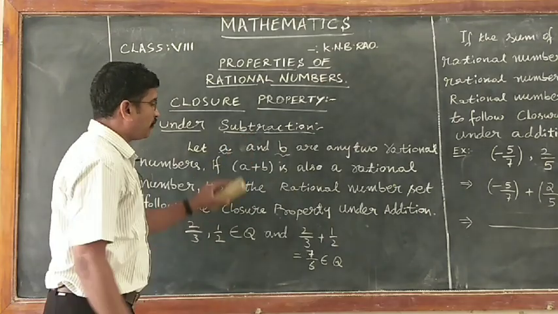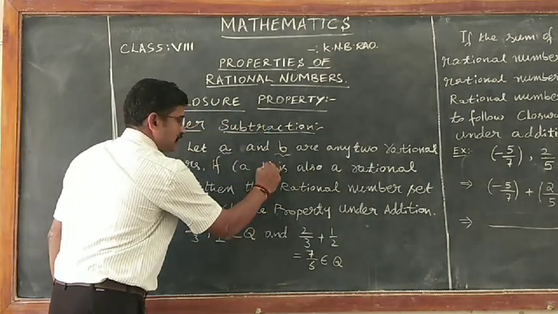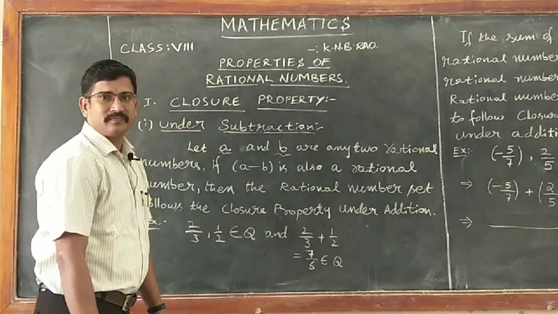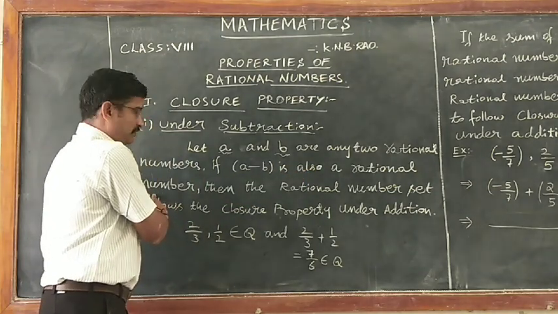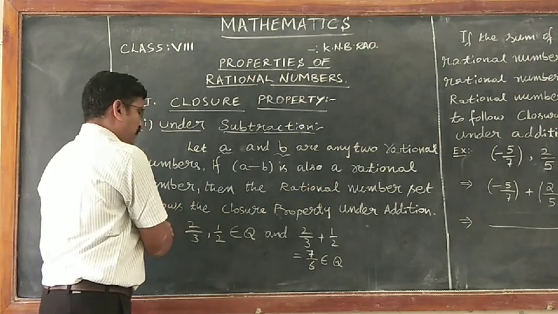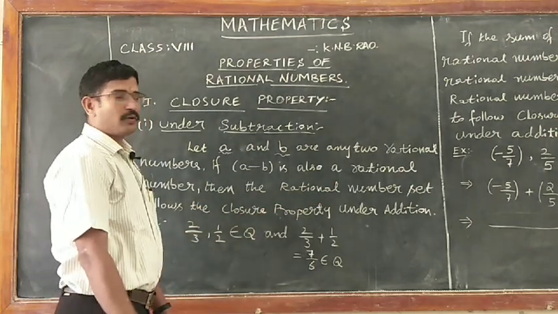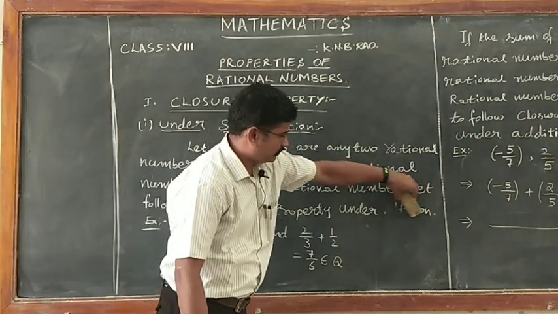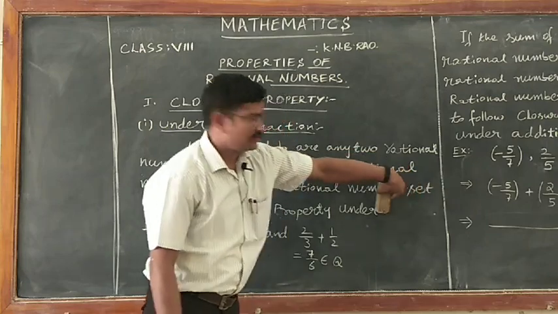Since it is a subtraction operation, now we will have A minus B is also a rational number. Then the rational number set follows the closure property under subtraction.